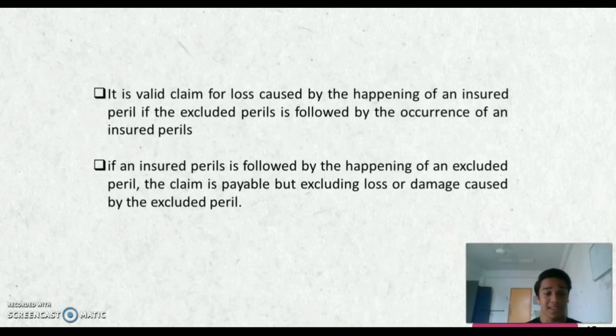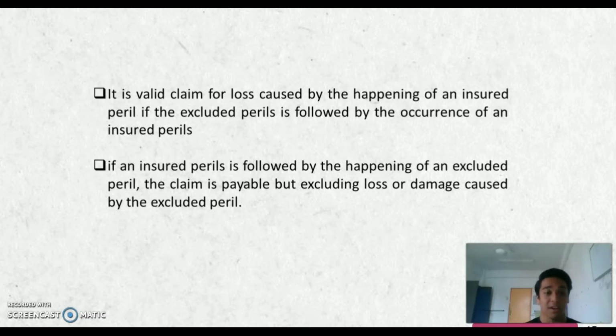So this means that there will be a valid claim for loss caused by an insured peril if the excluded peril is followed by the occurrence of an insured peril. This means that the first peril must be an excepted peril followed by the insured peril, and only then will there be a valid claim.